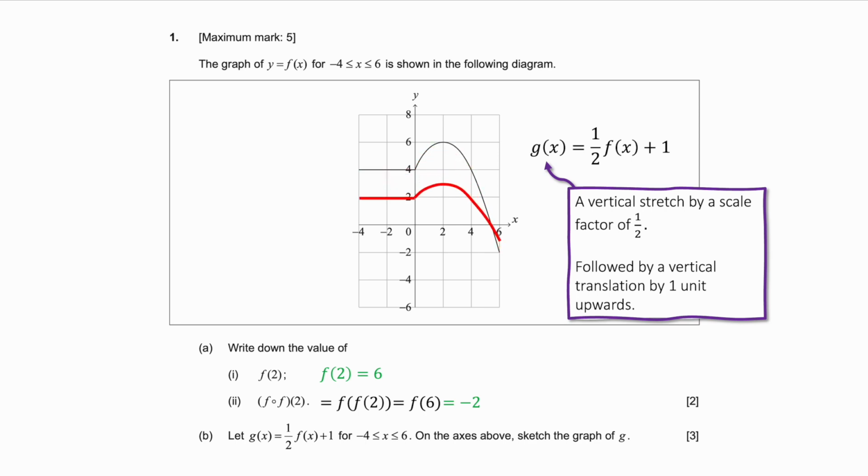That means we squash everything by a scale factor of 1/2. Every y coordinate is halved, and we get this. Now we add 1, and we shift everything up by 1 space. And it looks like this. We have done question 1, a and b.